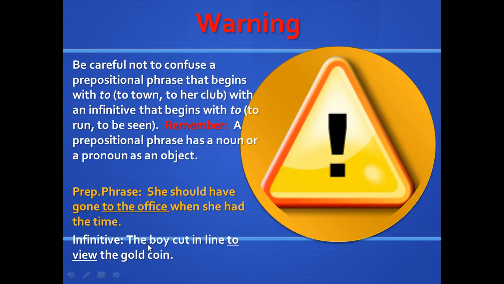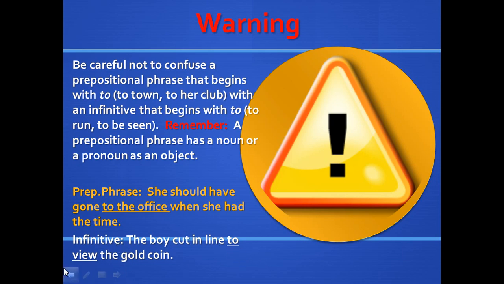The infinitive is like what? The boy cut in line to view the gold coin. The boy cut in line to view. View here is a verb, so it cannot be a prepositional phrase because the prepositional phrase does not have a verb. It's made out of a preposition plus a noun or a pronoun.